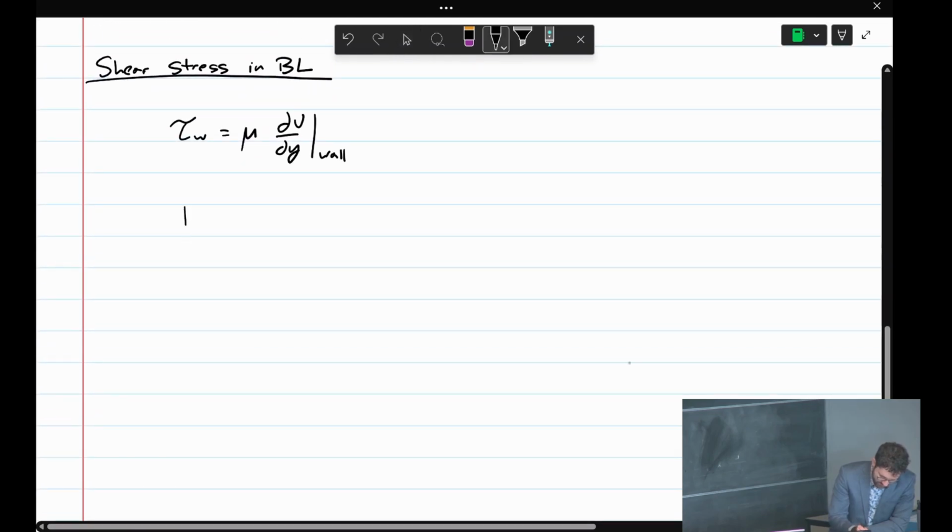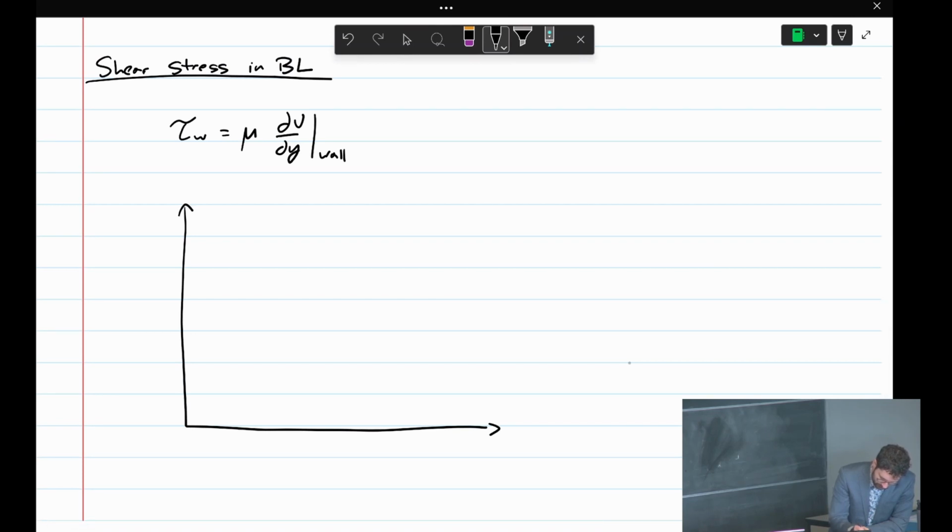Let me draw a plot now. Let's look at the velocity profile at one fixed x location and compare, if we assumed a laminar or turbulent boundary layer at that location, how the velocity profiles would differ. The y-axis will be y and the x-axis will be u of y.